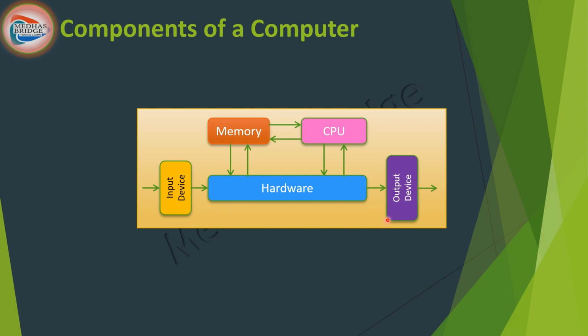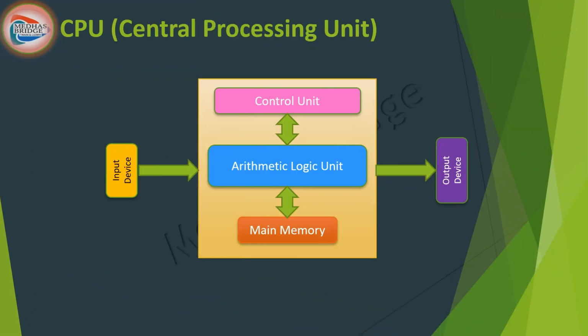Output device is probably a display, isn't it, right? CPU means central processing unit, which is a core component in your computer. At abstract level, CPU has a control unit, ALU, arithmetic logic unit, and then main memory. This CPU interacts with input devices, output devices, other external peripherals.